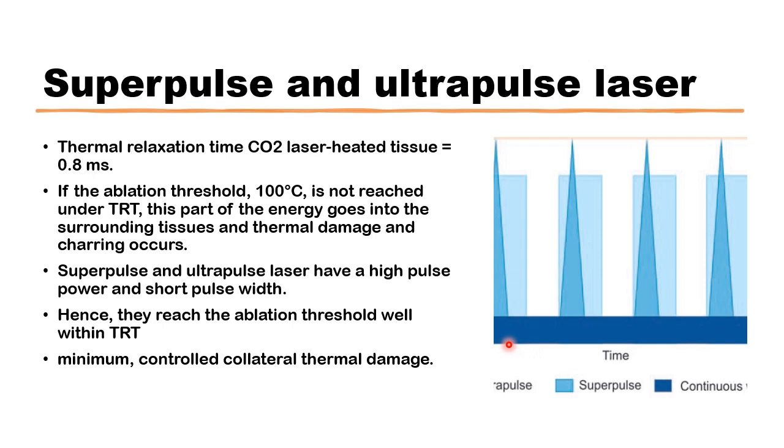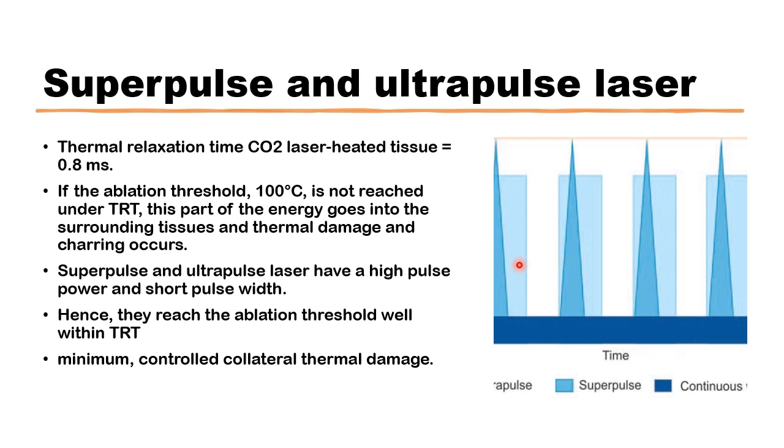And when the continuous mode is used, this is the dark blue in here, the ablation threshold of 100 degrees is not reached in the 0.8 milliseconds required, so a lot of the energy would be dissipated and cause maximum collateral damage and charring.